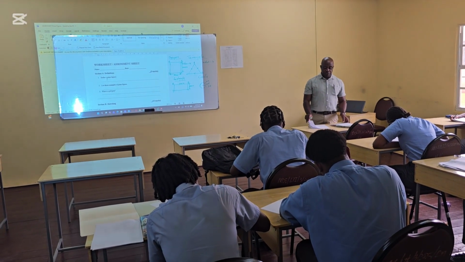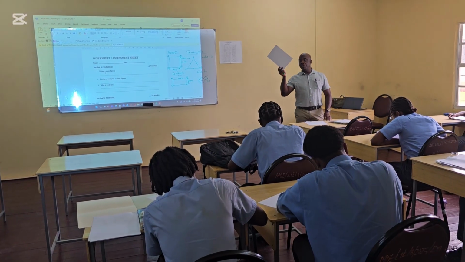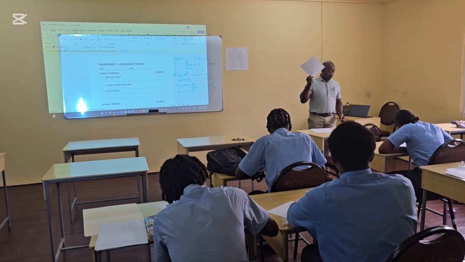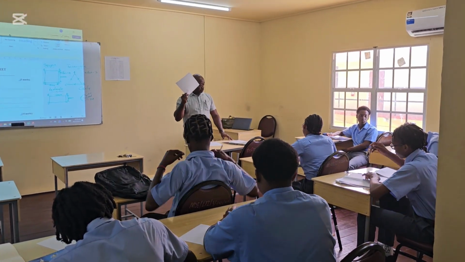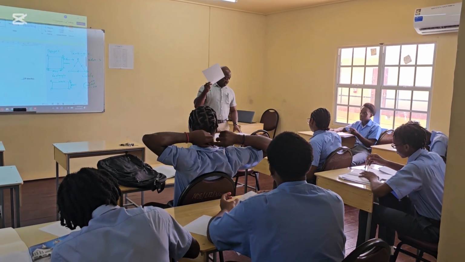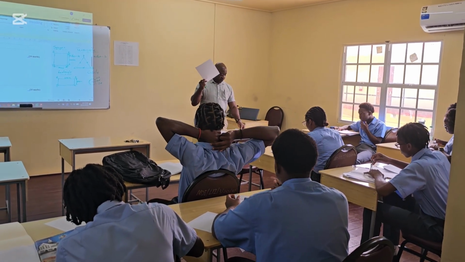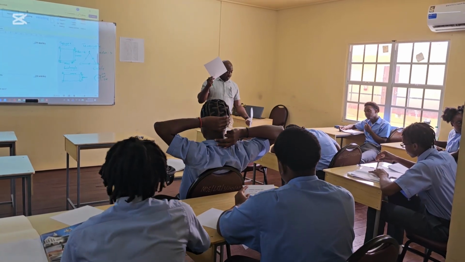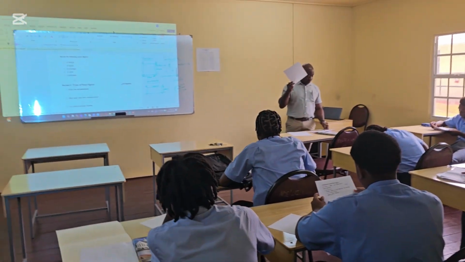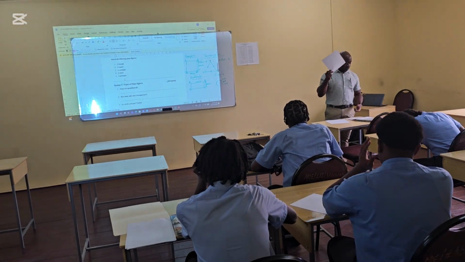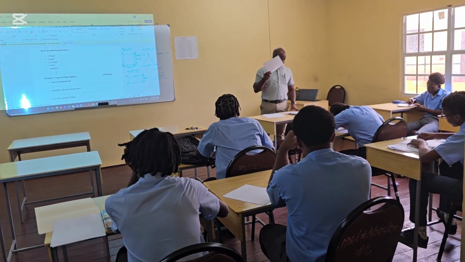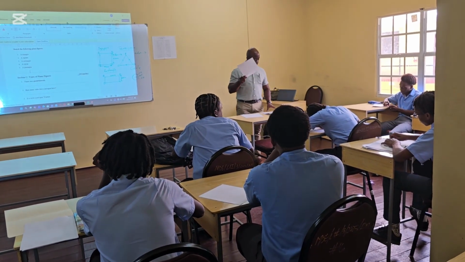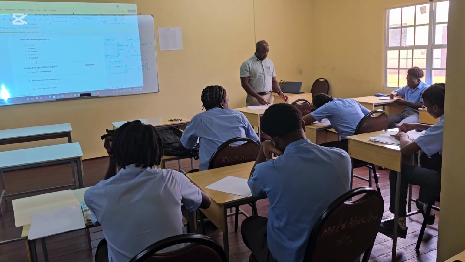Then you will use the plain sheet that I have given you, and you will make sketches of the 5 plane figures listed there: the triangle, the square, the rectangle, the circle, and the pentagon.